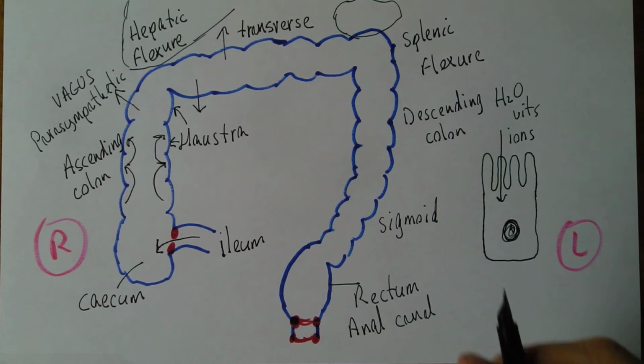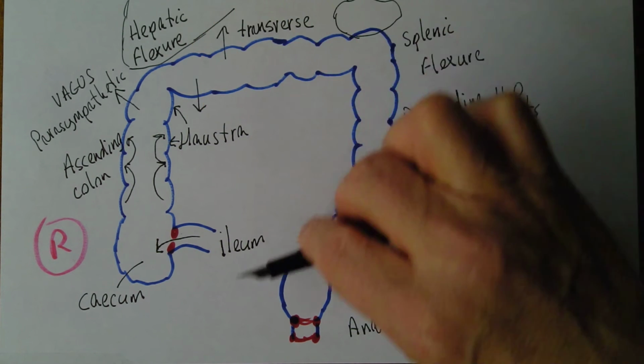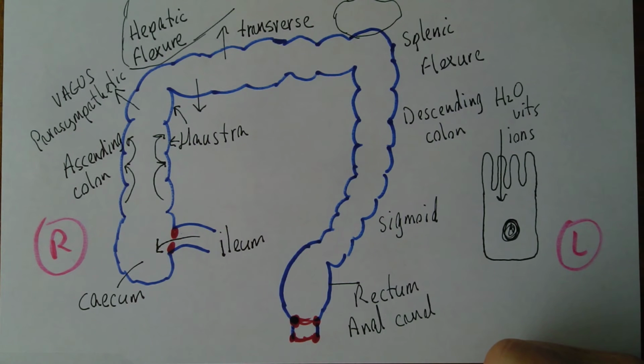But the second half of the colon is controlled by sacral parasympathetic nerves that leave the spinal cord. So there's sacral parasympathetic nerves controlling the second half from the sacrum.